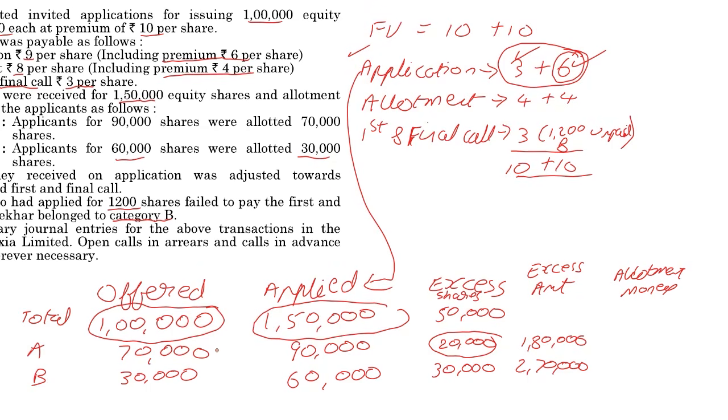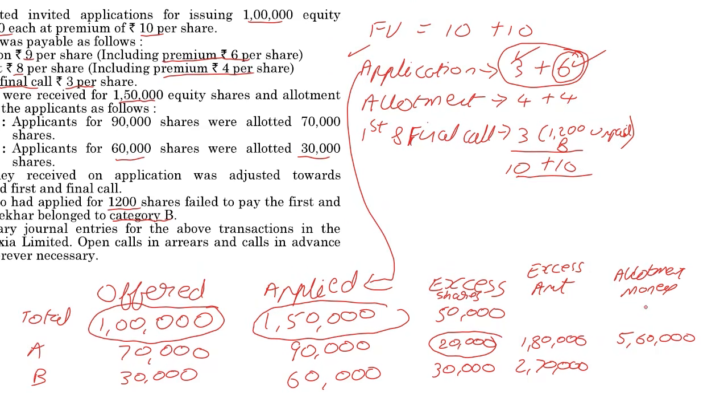They've been allotted only 70,000 shares. How much allotment is required? 4 plus 4, which is 8. 8 into 70, 7 8s are 56, so 5 lakh 60 is what is needed.